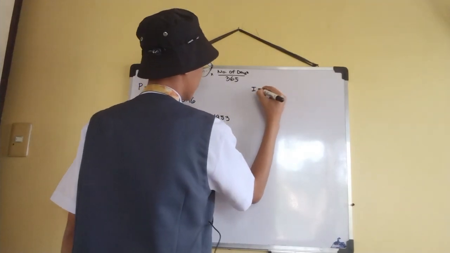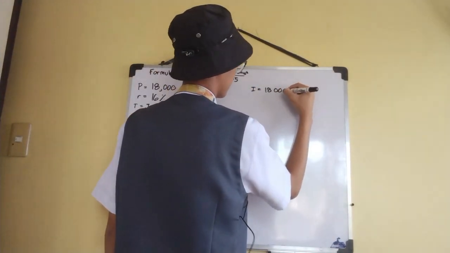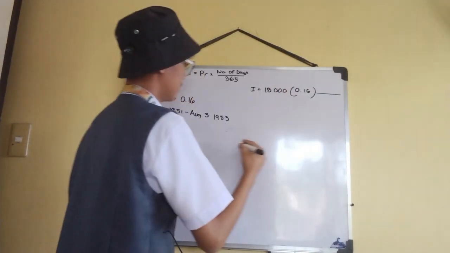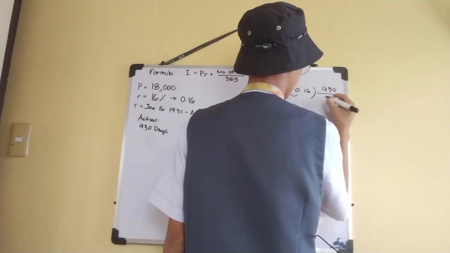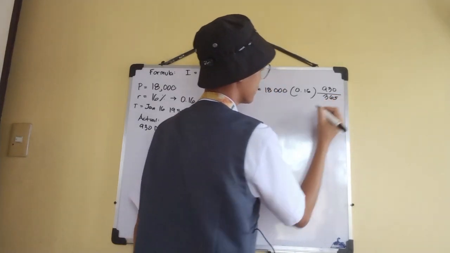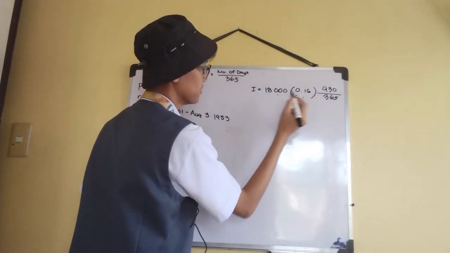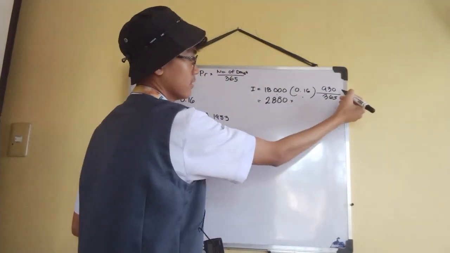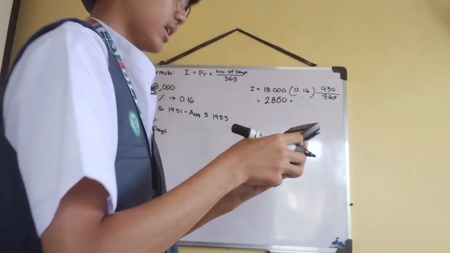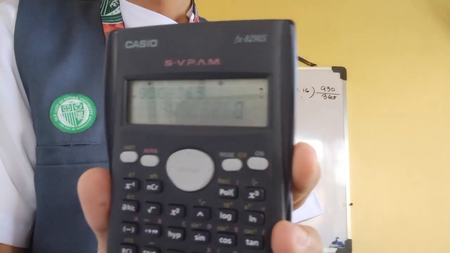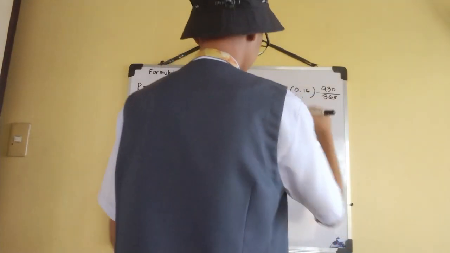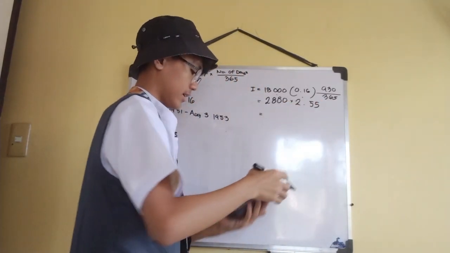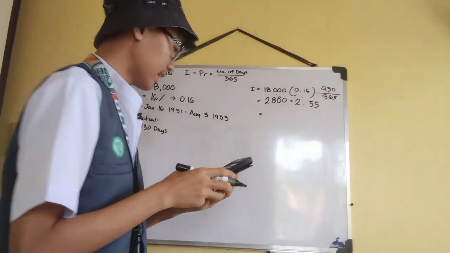Then we can erase all of this and actually start solving. Interest equals 18,000 multiplied by 0.16, then our number of days, and then finally 365. First we solve these two, and then we divide, and then we multiply these two numbers, and we'll get our final answer.